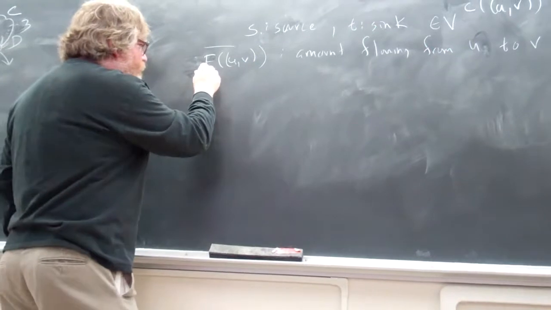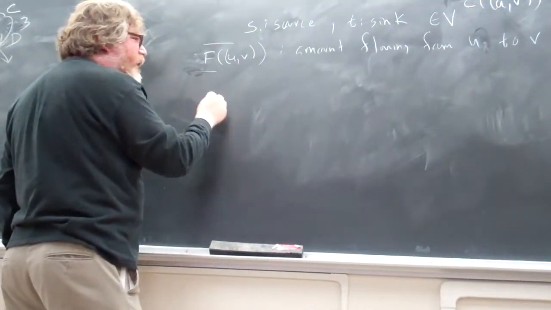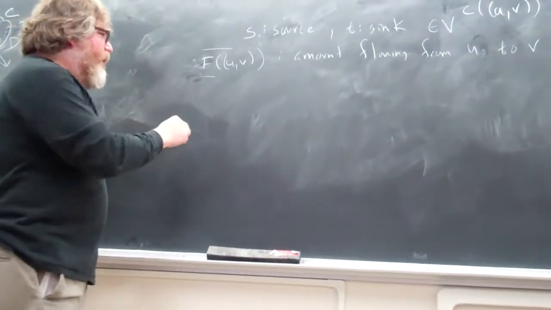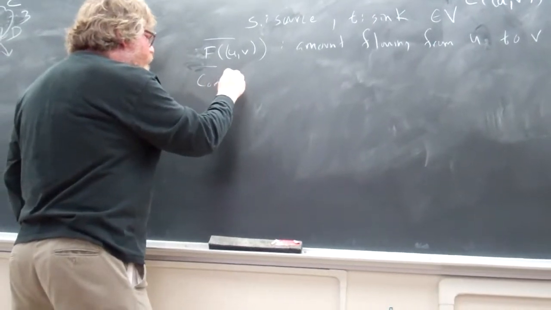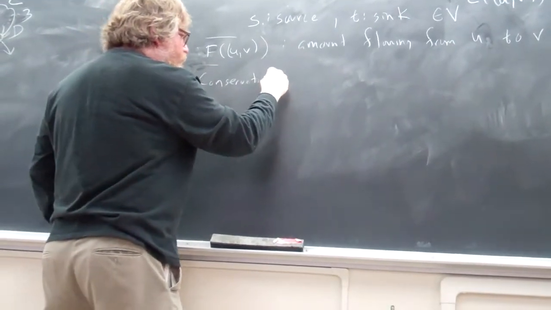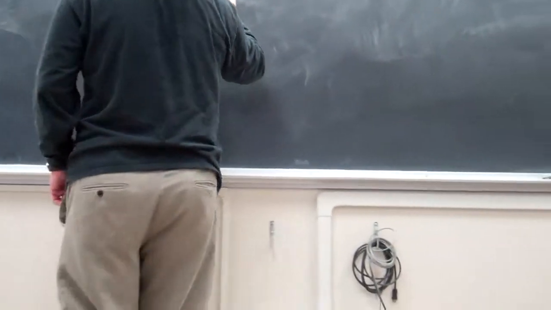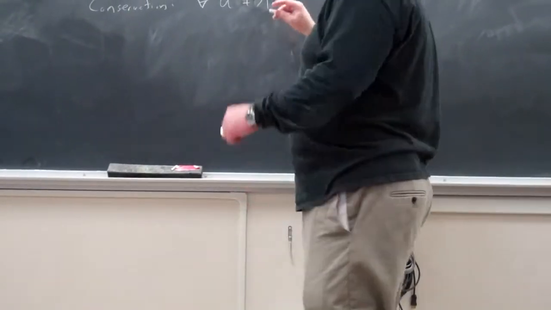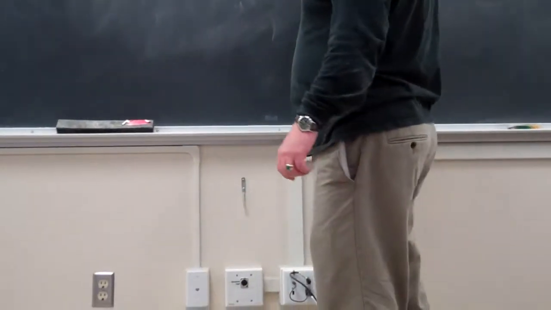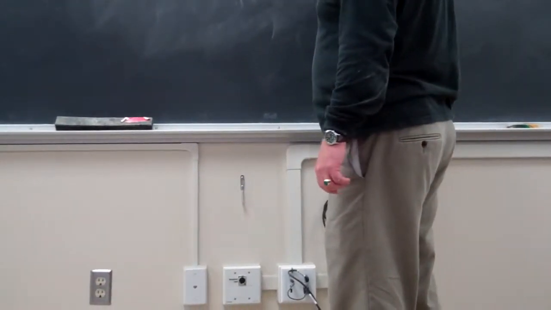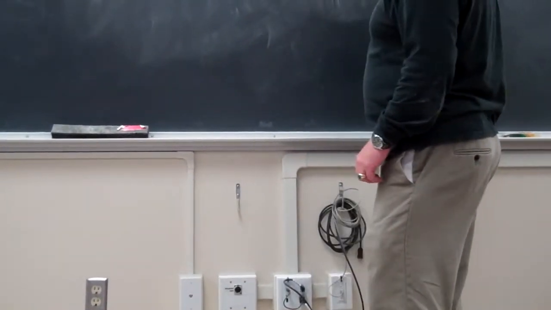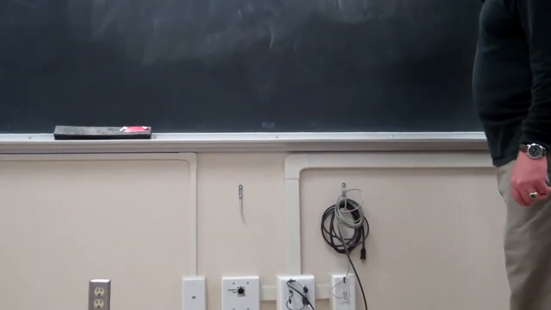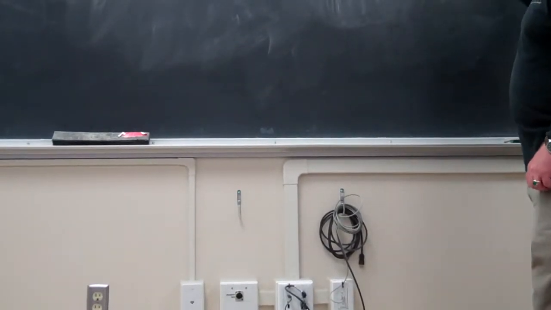There are two types of constraints. One is conservation. For every node U that's not the source or the sink, the sum over V of the amount flowing into the node has to equal the sum of the amount flowing out of the node.